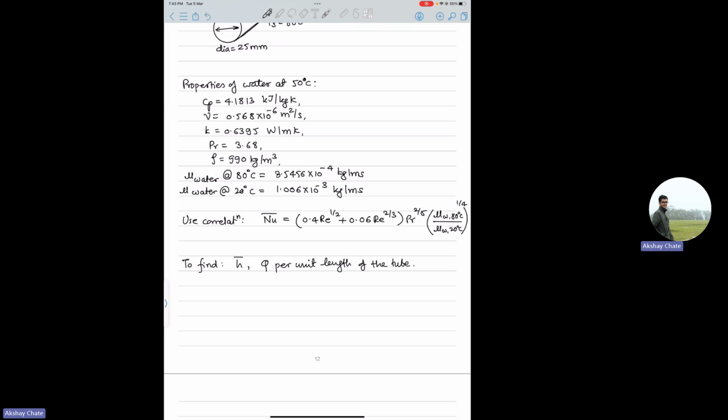So two things we need to find, and I think by now you may be familiarized with what we are going to do. Here they have not mentioned whether it's laminar or turbulent, and you don't care also because you directly have this Nusselt number expression. So what you need to do is directly put everything in there and you get the h bar, or average heat transfer coefficient.